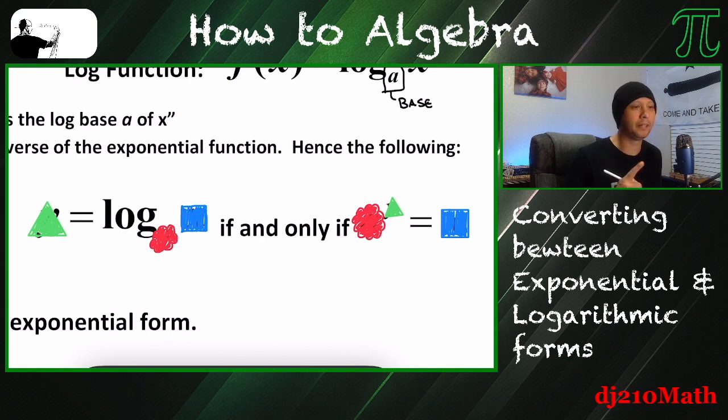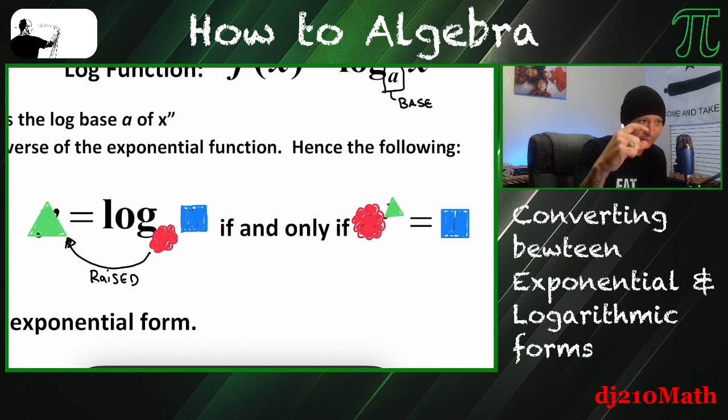Now, one thing I will say, when you have a log, there is this nice little swirl method, right? So what I'm saying is, when you have log base whatever, in this case, a cloud, the cloud or the base is going to get raised to whatever the value is outside of the equal sign.